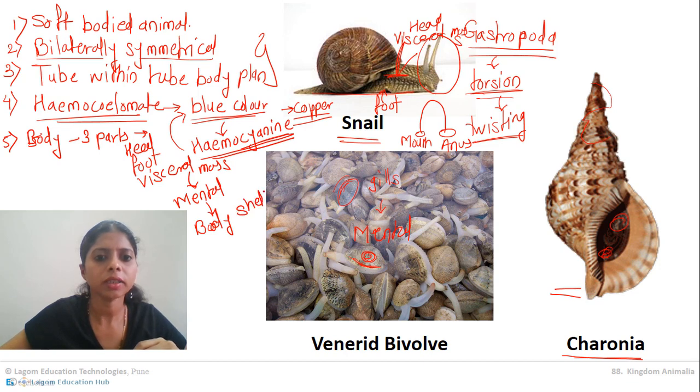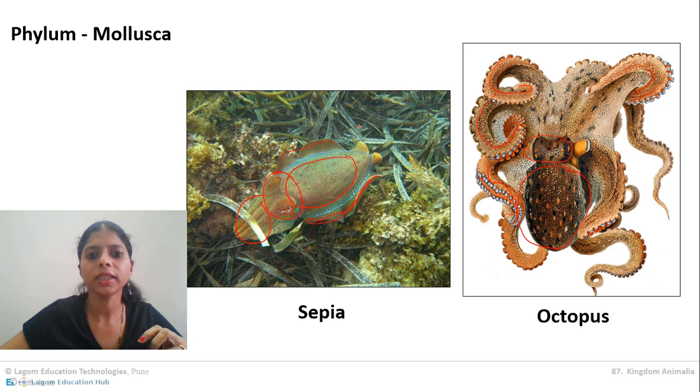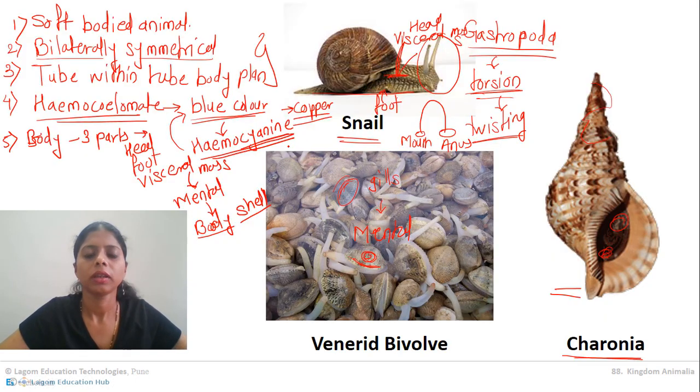Now this shell is either outside the body, like in bivalve, like in snail, or sometimes it is even inside. In sepia, the shell is located inside, on its dorsal side, on its back, just beneath the skin. Understanding?